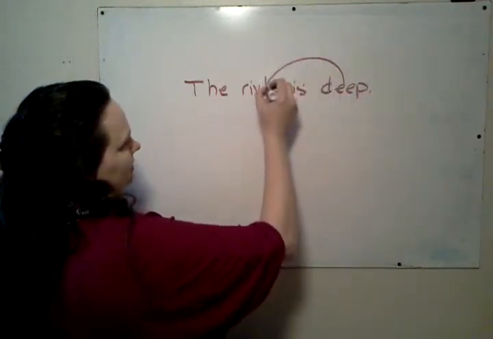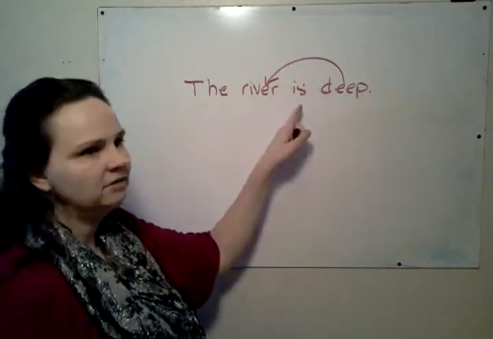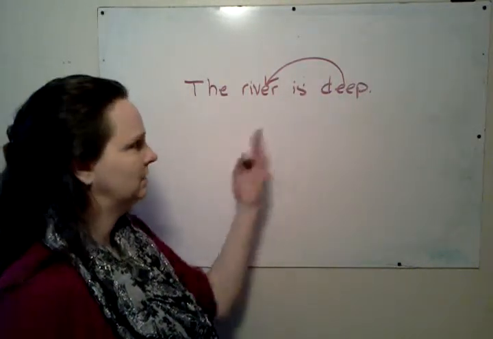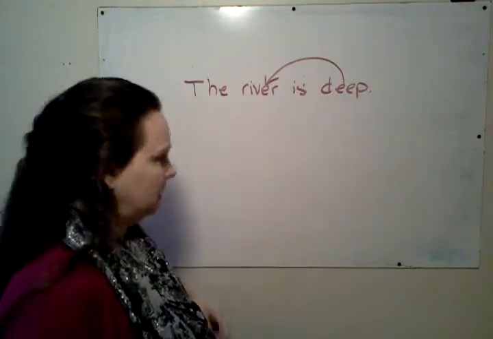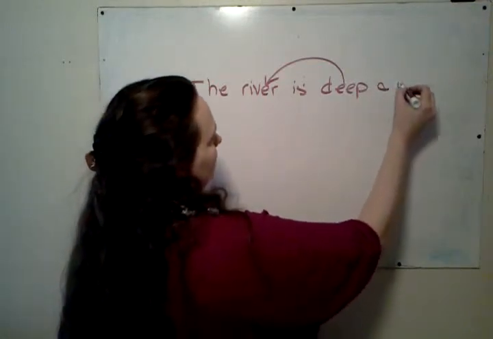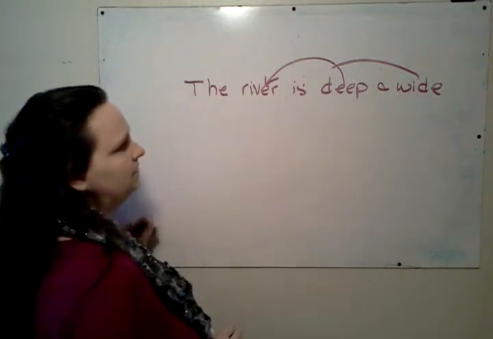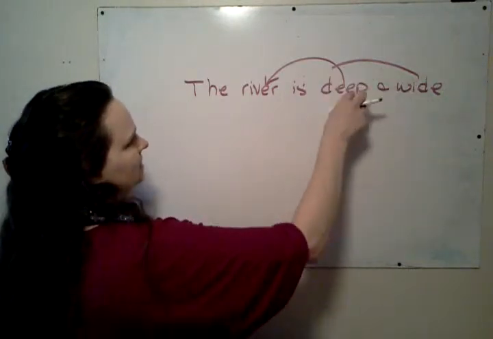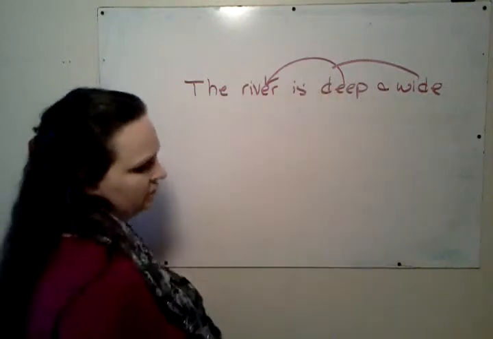Deep is an adjective describing river. The rule for predicate adjectives is they have to follow linking verbs. If it doesn't follow a linking verb, it's not a predicate adjective. They can be compound. Maybe the river is deep and wide. It's a deep river, it's a wide river. When I do this, that just means I'm joining this. They're both modifying river.